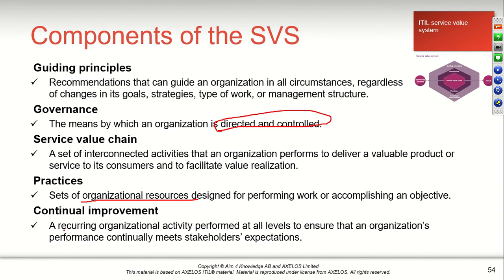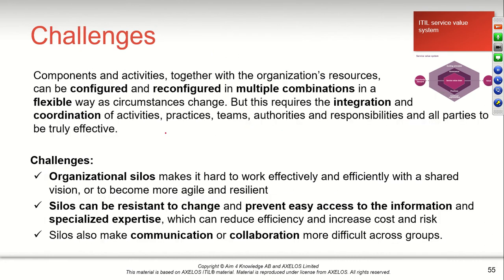A continual improvement is a recurring activity that is being performed at all levels to ensure that the performance is improved continuously or that the performance meets the stakeholders' expectation continuously. All right, and what are the challenges that can come from the activities that are being done together?